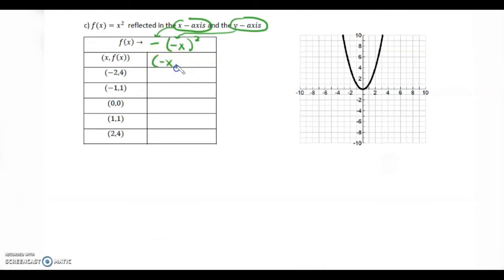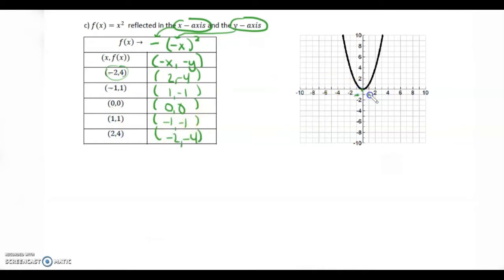So we're going to negate the x's and we're going to negate the y's all the way down. I'll set up my brackets. Okay, so this is going to turn into 2, negative 4, 1, negative 1, 0, 0 stays the same, negative 1, negative 1, negative 2, negative 4.